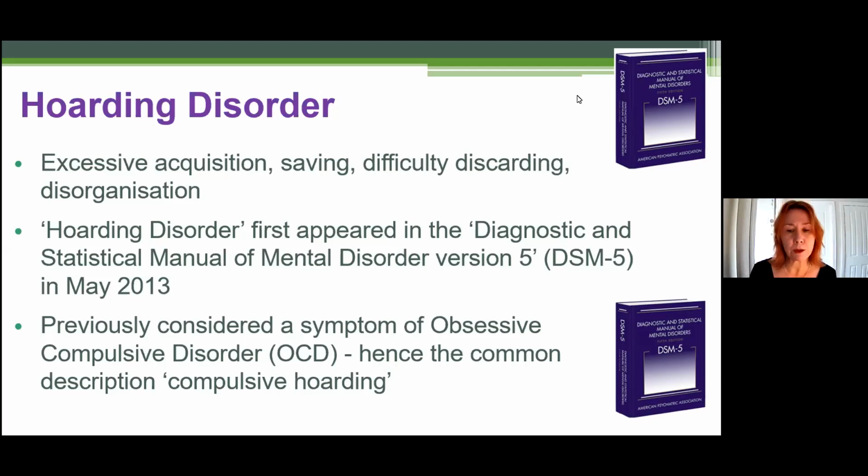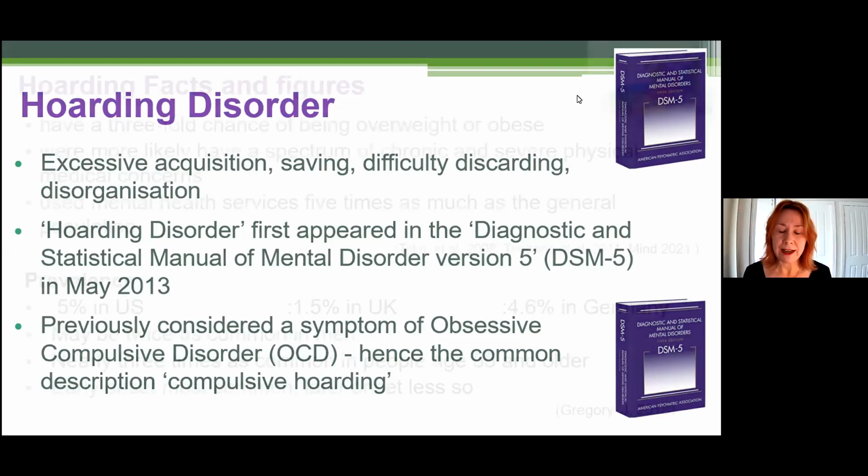So it's different to obsessive compulsive disorder, which can have an element of hoarding, but might, for example, be where the excessive acquisition is catalogued, or organised in some way. So both might need support through mental health services, but treatment plans are going to be very slightly different depending on the diagnosis.